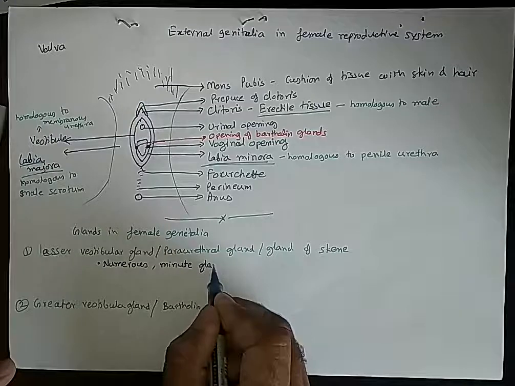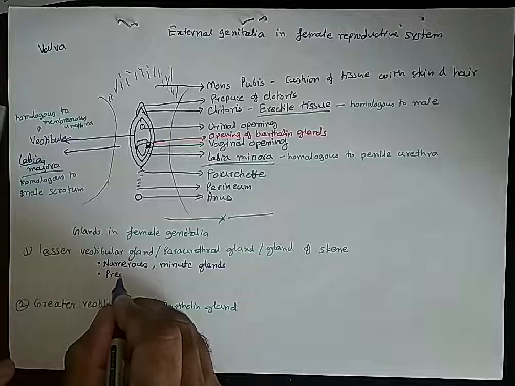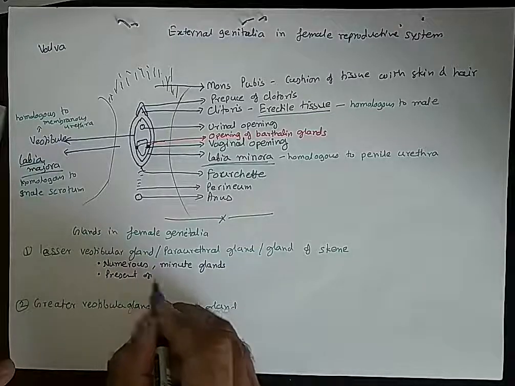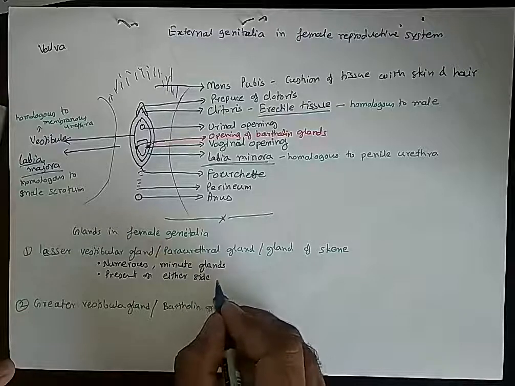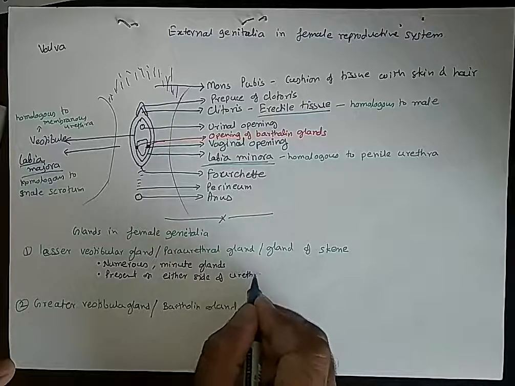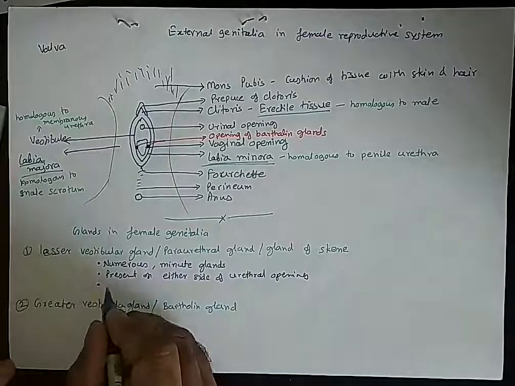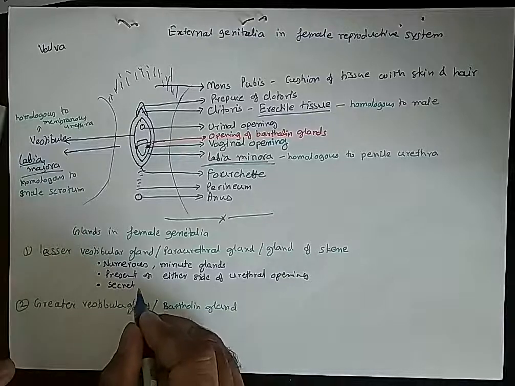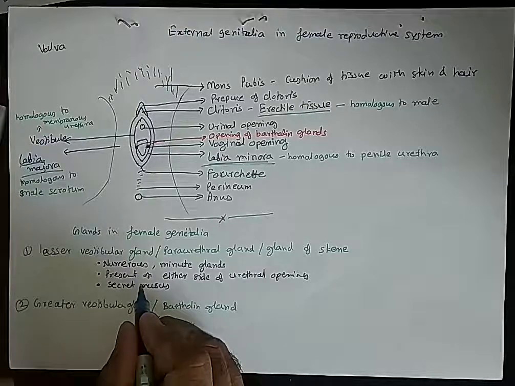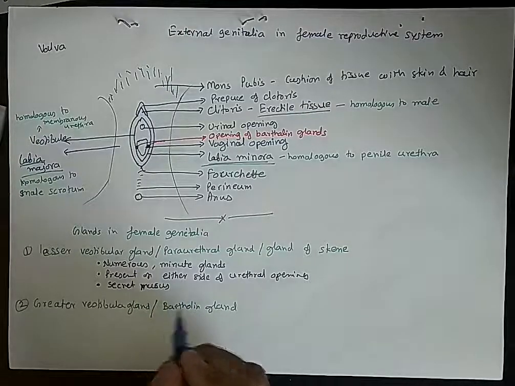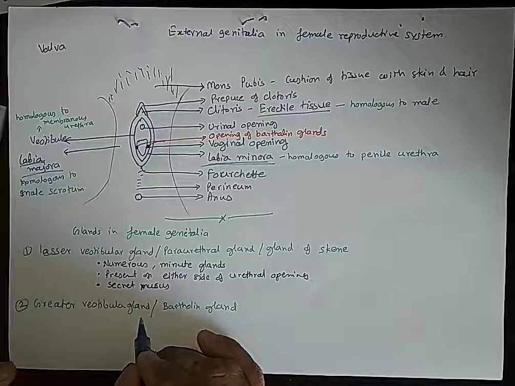They are present on either side of the urethral opening, and they secrete mucus. What is the function of the mucus? Mucus acts as a lubricant when the penis enters into the vagina or vulva.